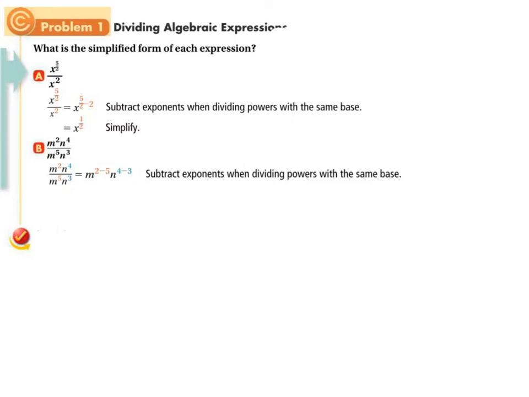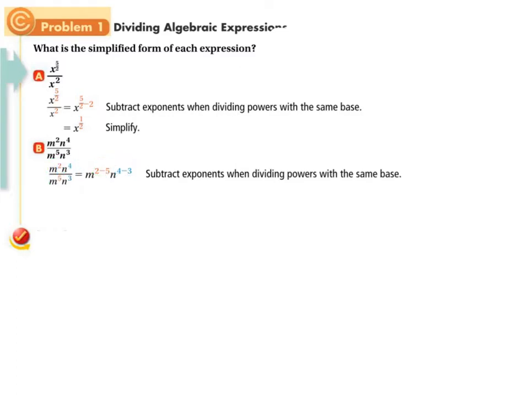Now we need to simplify that, but again, just to be clear, what do we do there? The m's go together, so we deal with their exponents right here, and the n's go together, so we deal with their exponents right there, and keep that base of m and that base of n respectively.